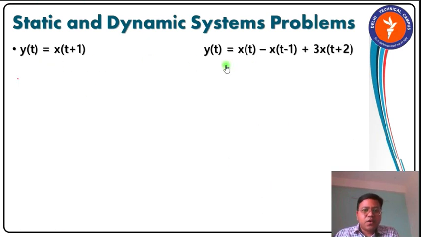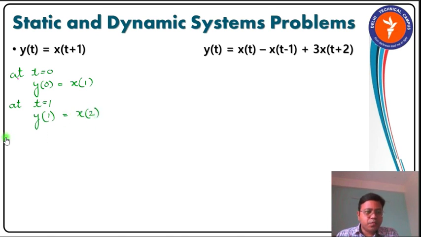Let us check these systems for being static and dynamic. Let us check the output at t = 0. From this we have y(0) = x(1). Similarly, at t = 1 we have y(1) = x(2), and at t = -1 we have y(-1) = x(0).